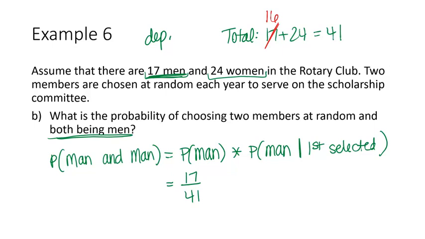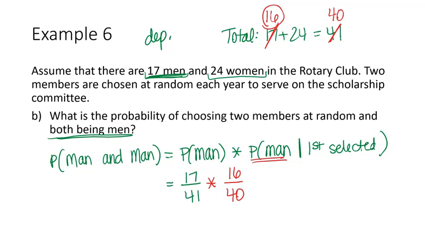Once I've selected that guy, I'm not going to choose him again. So there's only 16 left in terms of my options. Means there's only 40 left in terms of my total options. So when I go to look at this second man to be selected, now there's only 16 left out of my 40.